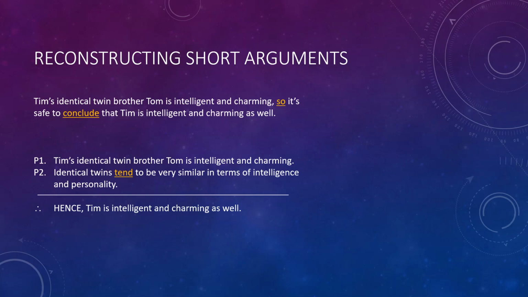There are, I'm sure, many sets of identical twins who are really, really different from one another in terms of intelligence and personality for various reasons. The premise we've supplied here expresses a general tendency, and that makes it a statistical generalization.